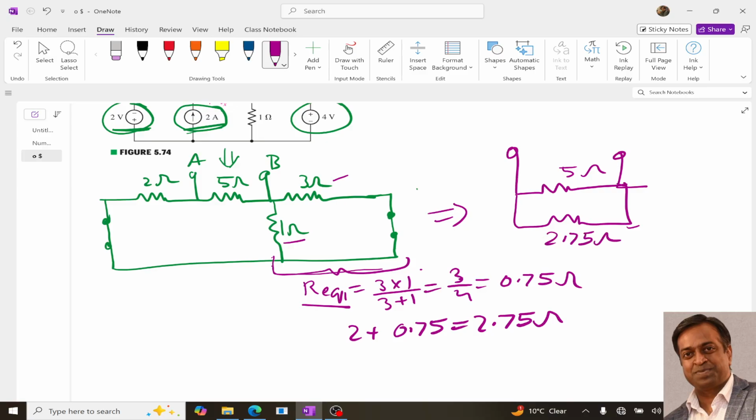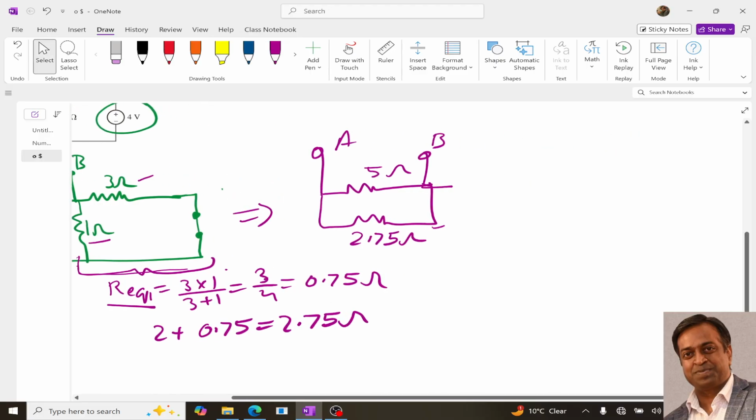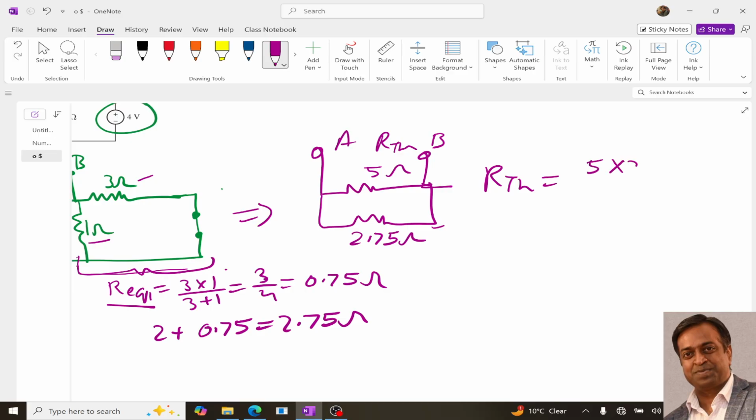Now 5 and 2.75 are in parallel, so we will determine RTH as 5 into 2.75 upon 5 plus 2.75.